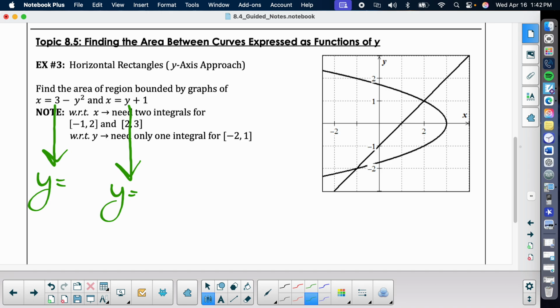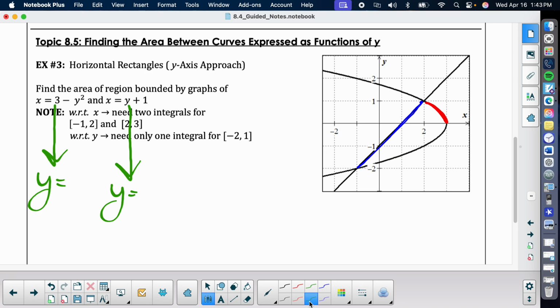Hold on. If I make these equations vertical and I draw vertical lines, I do not have the same top and bottom piece throughout the whole thing. This would be the top for the first half. This would be the top for the second half.